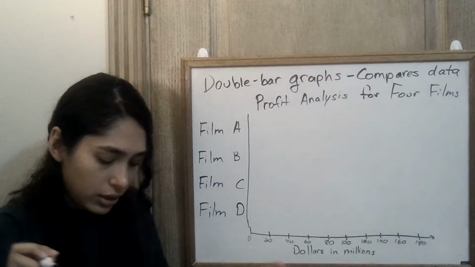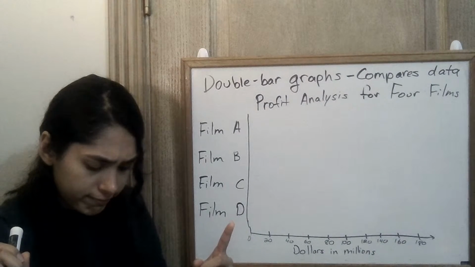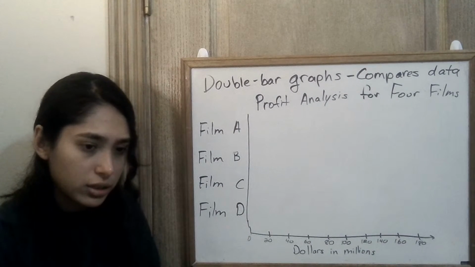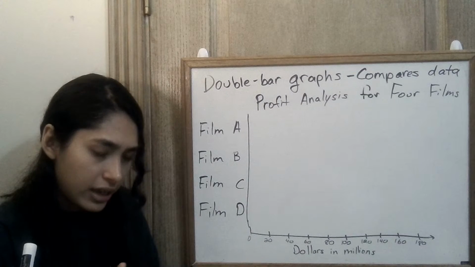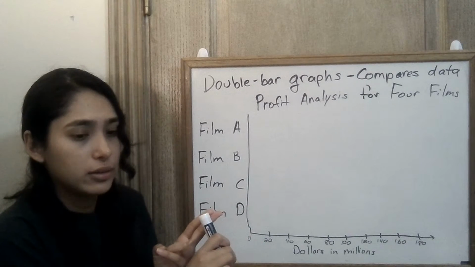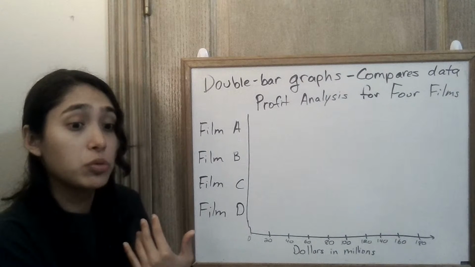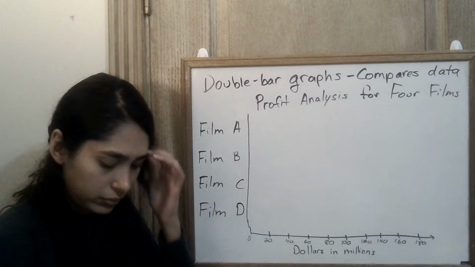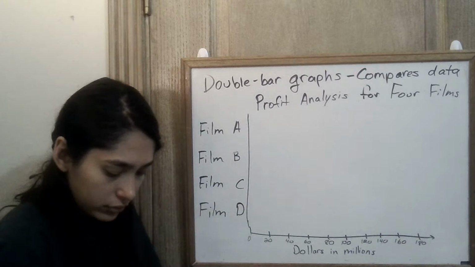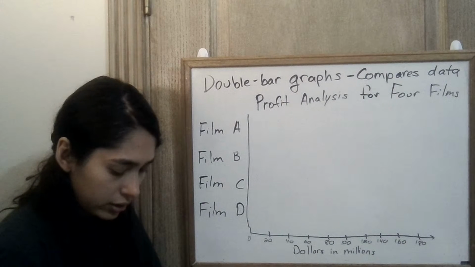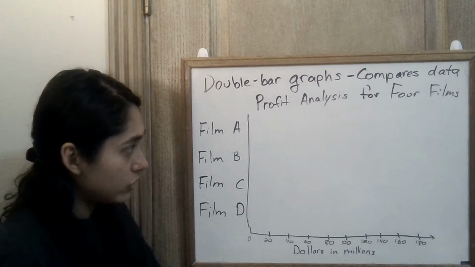We're going to be doing the cost and how much money we got back. So then from there we can find out which film was more profitable. So let's go ahead and make a little key, a little legend.